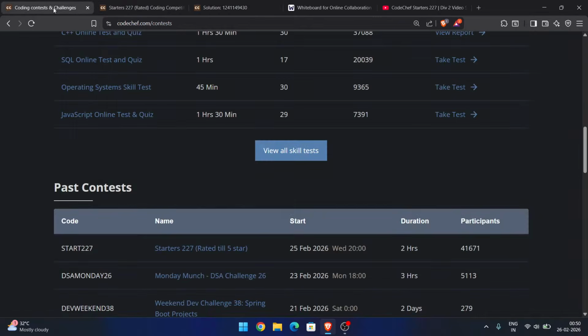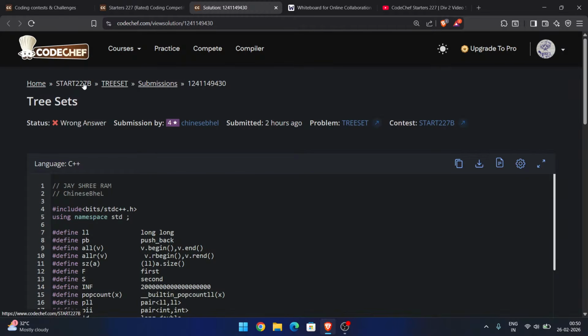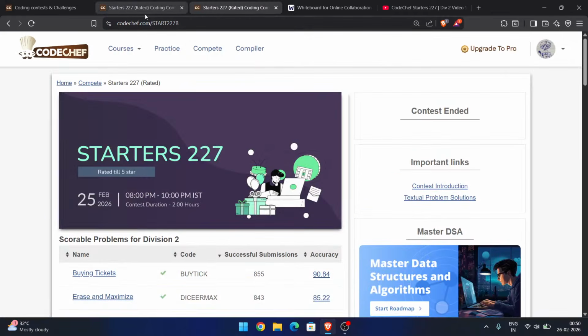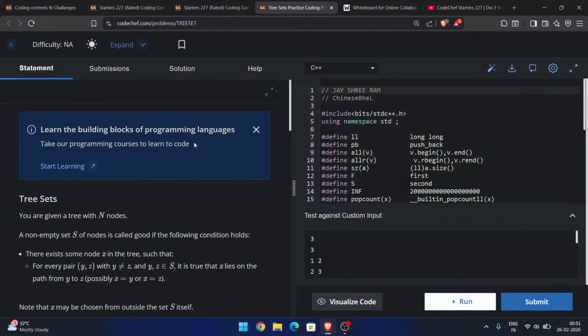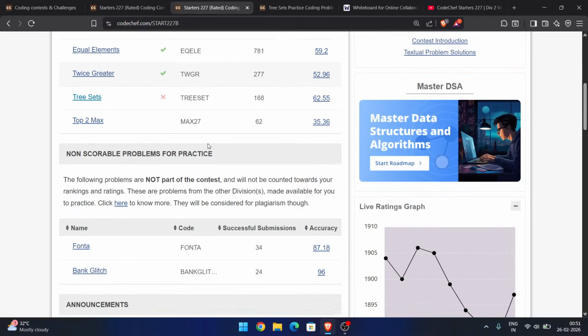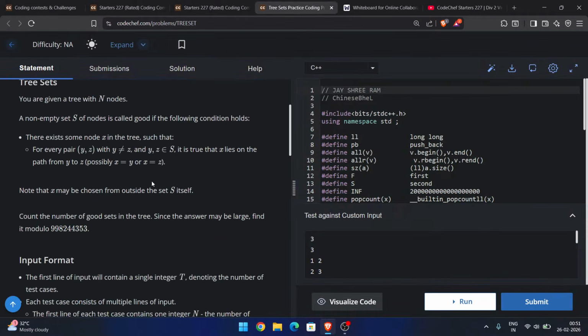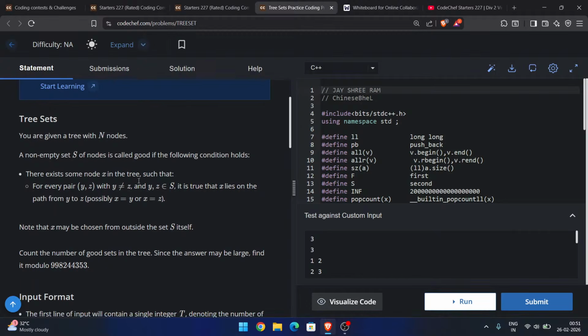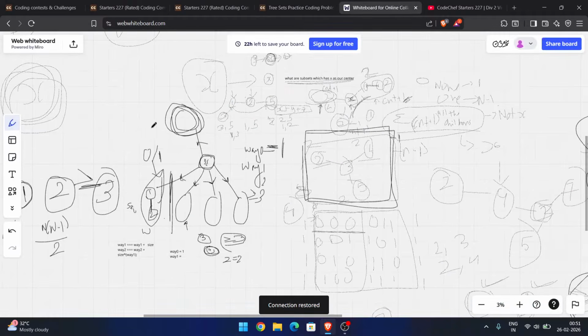Actually, these questions are pretty tough. So if you are not able to do it, then don't get demotivated. Like I was not able to do it, because these questions are tough. I know the submissions are pretty high, but that's because of the AI nowadays. Otherwise you can see that this was actually a pretty good question.